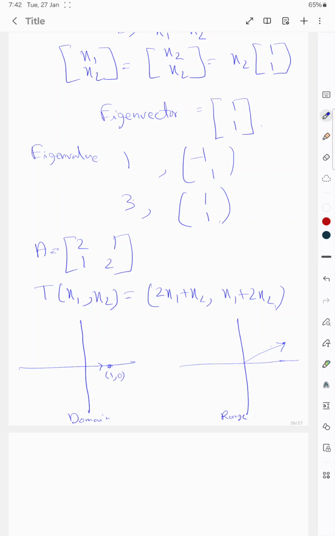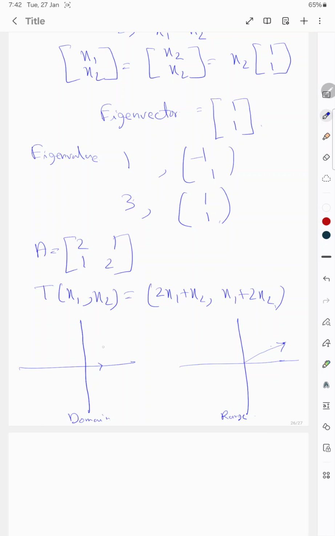Now what is happening for your eigenvalue and eigenvector? If I consider my eigenvector, for example minus 1 comma 1, at what direction is it? Or first we consider plus 1 1.